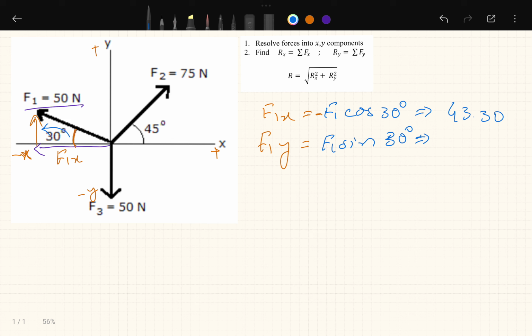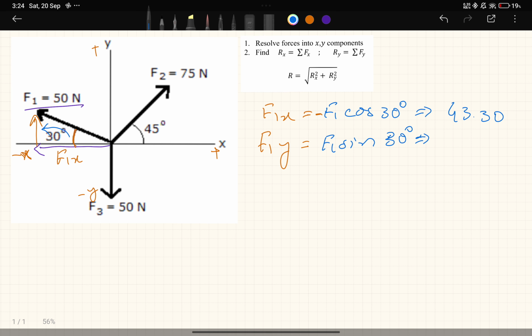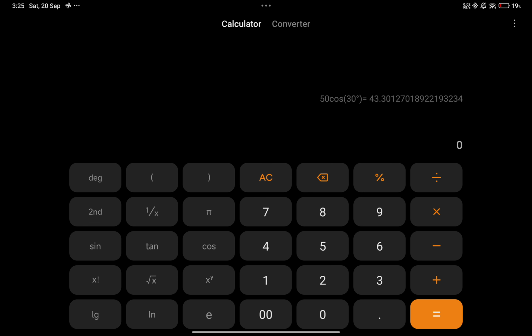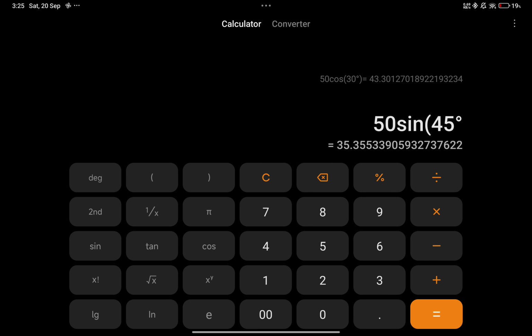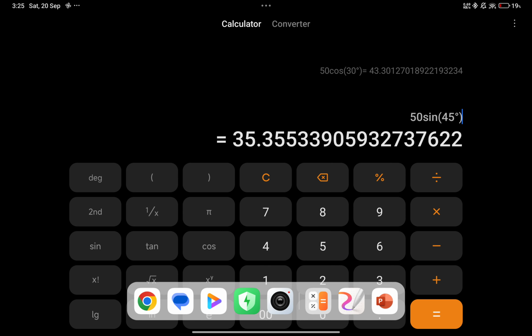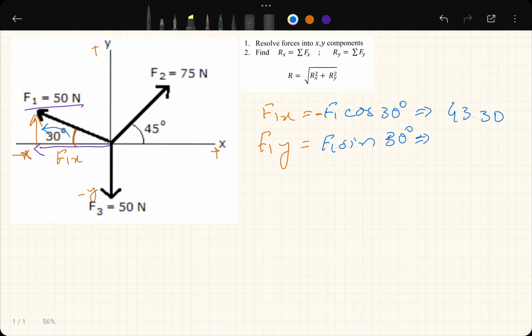And then the second is F1 sine of 45. We have F1 as 50 and we are going for sine 45, which is equal to 35.35. Now we have both components, F1x and F1y.